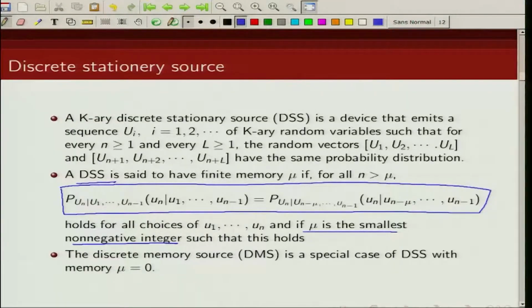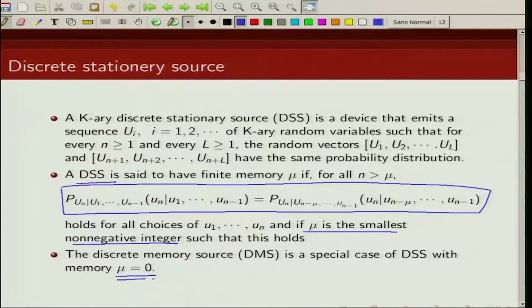As you can see, the discrete memoryless source that we have considered so far is a special case of discrete stationary source, the case when mu is 0.